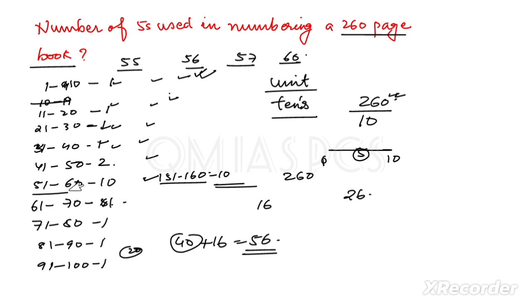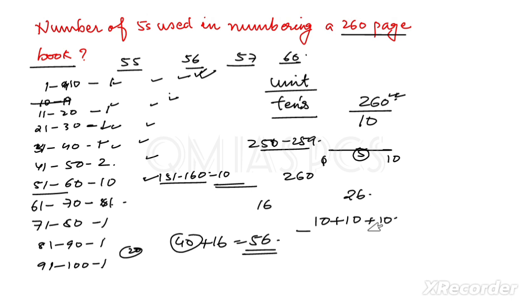From 50 to 59, how many tens digit fives? Here it is 10. Similarly, 150 to 159 has 10 more. And one more here: 250 to 259 has 10 more 5s, so it will be added.